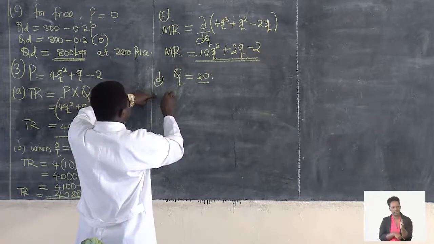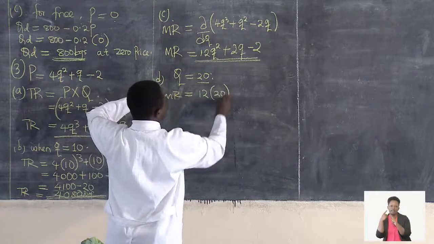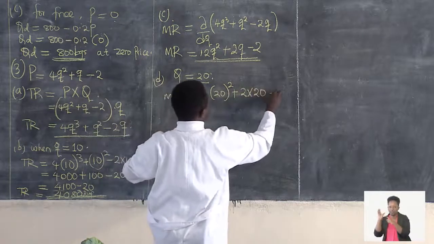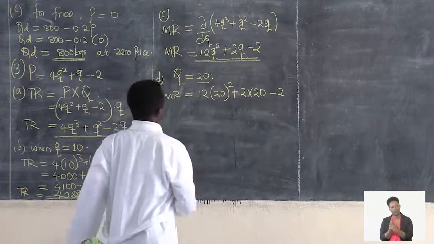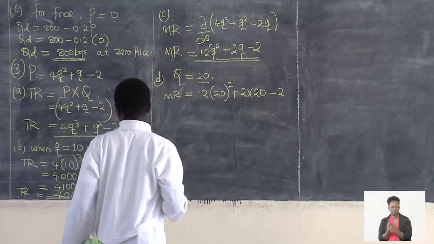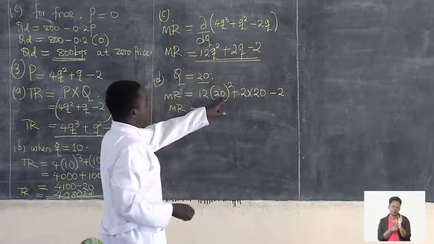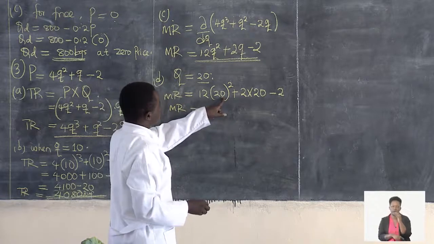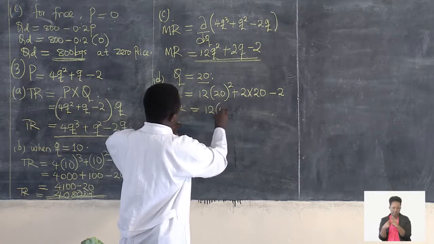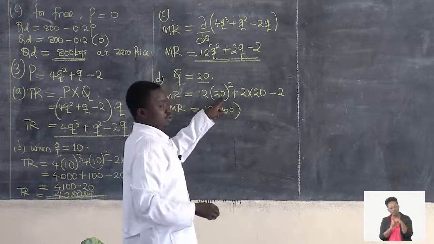So marginal revenue will be 12 times 20 squared plus 2 times 20, then minus 2. 20 squared is 400, that is 20 times 20.